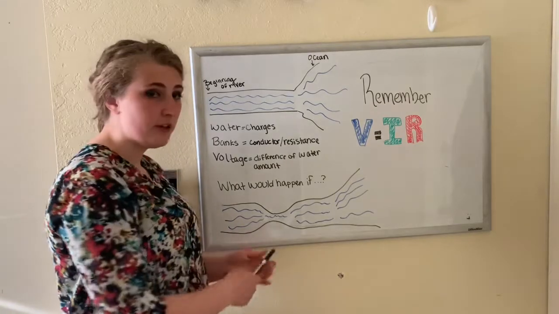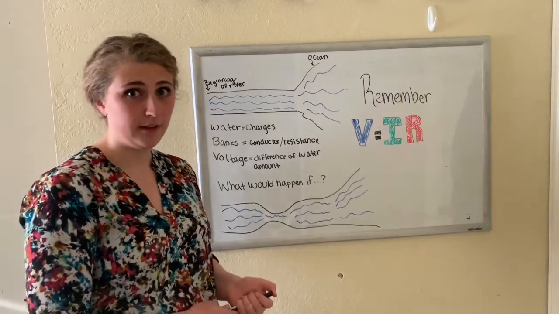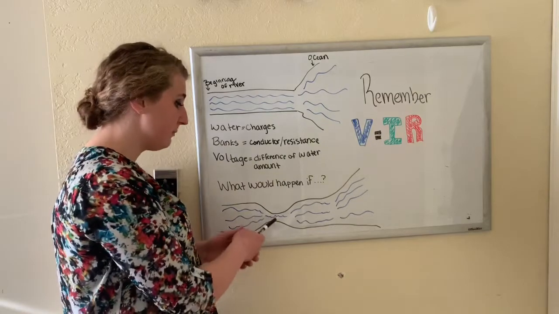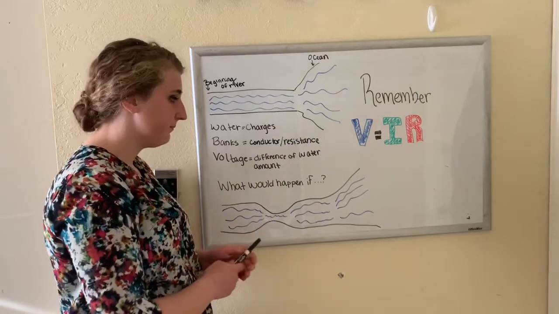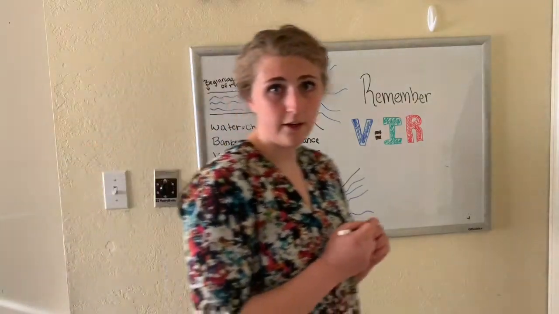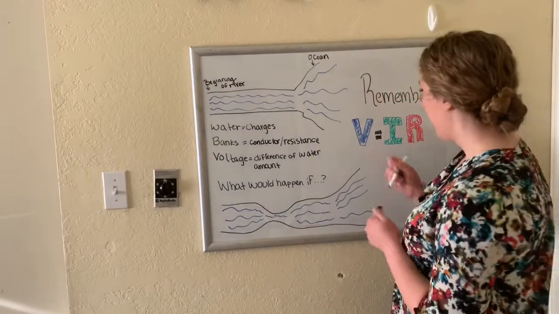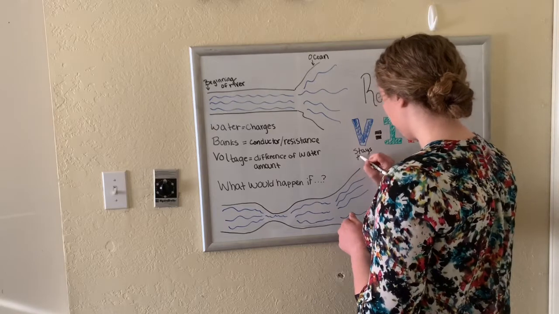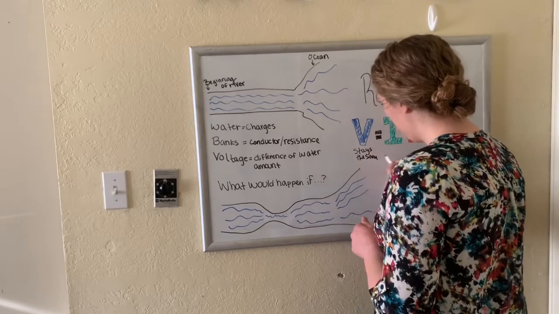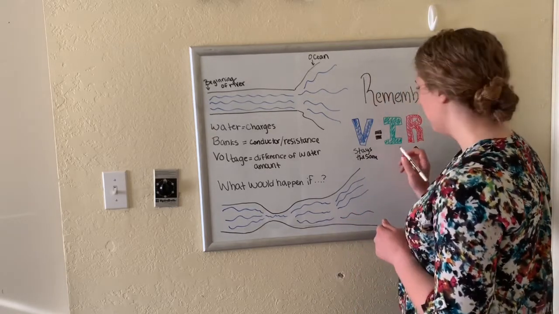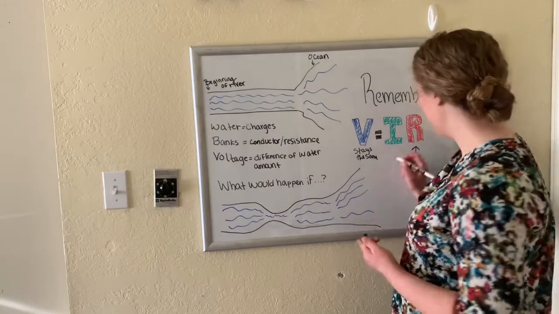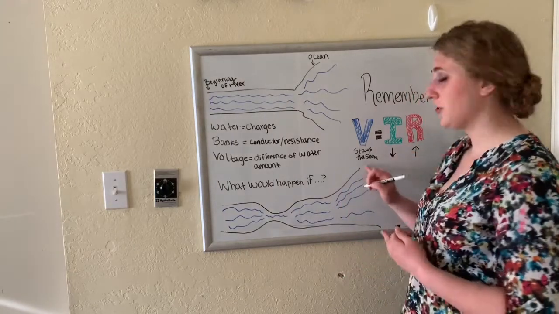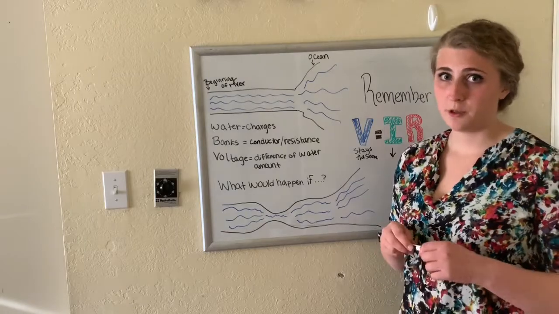This would increase the pressure there, but it would decrease the current there, since not as many charges can move through this area. So if we look at our equation over here, if our voltage stays the same, but our resistance increases, our current is going to have to decrease to make sure that our equation works.